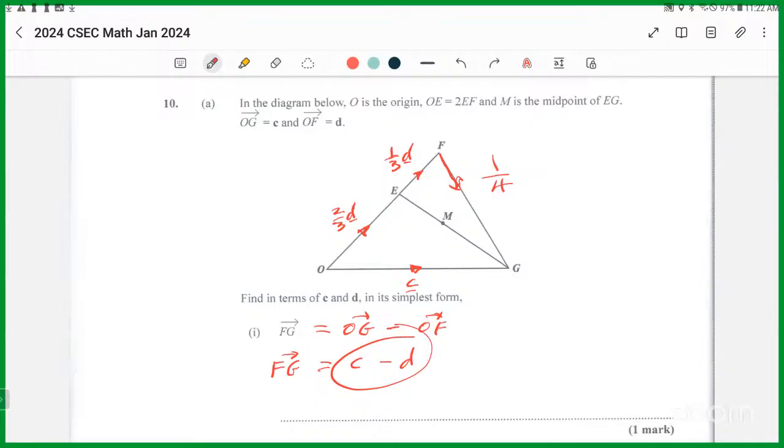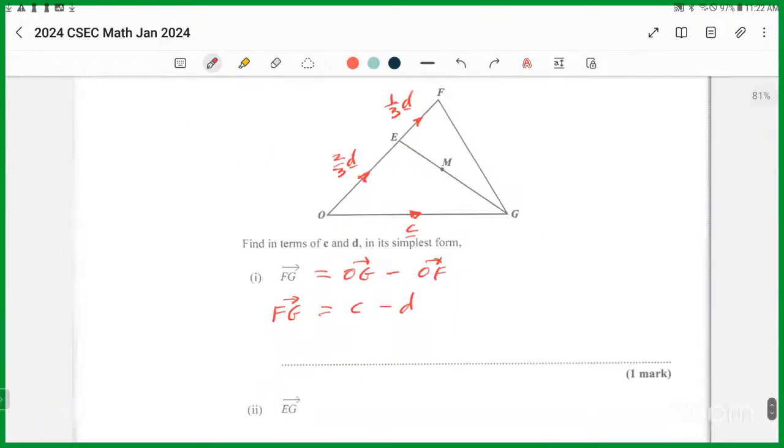If you have to go half of the way for some reason, like to come to the midpoint here, it should be a half of this. And if you have to go 2/3 of the way, maybe like all the way down to here, it should just be 2/3 of this. Alright? The point is we can now go along that vector, that line, FG, because we have the vector FG, if needs be. Just bear that in mind.